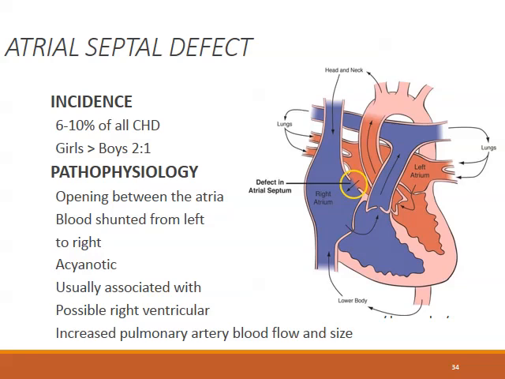Blood is shunted from left to right. These patients are going to be acyanotic, usually associated with a possible right ventricular problem. Increased pulmonary artery blood flow and size. So it's going to have an increase in blood volume on the right side.